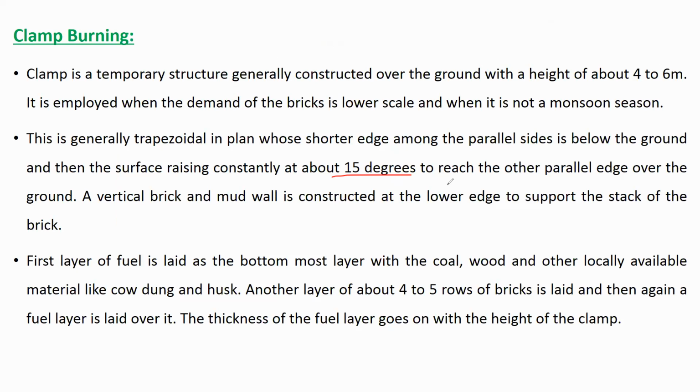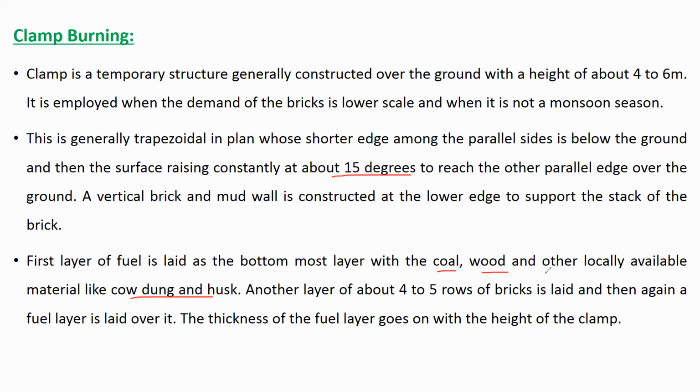Then what you have to do: at the bottommost portion, you will place a layer of fuel. What can you use as a fuel? Cow dung and husk, or any other locally available materials like coal, wood, or anything which can be used to burn the bricks.